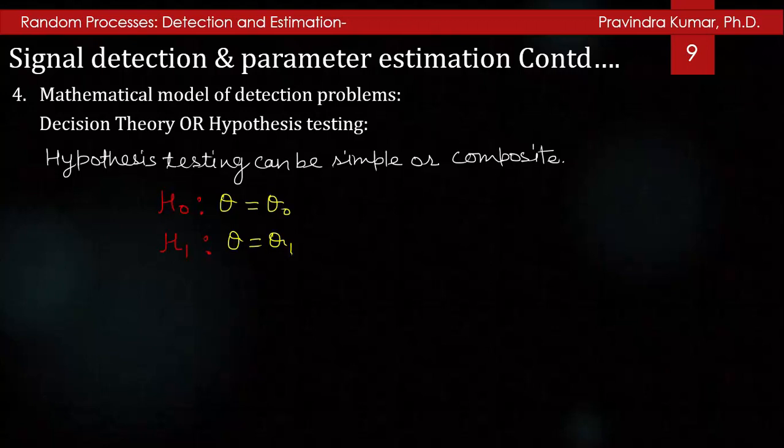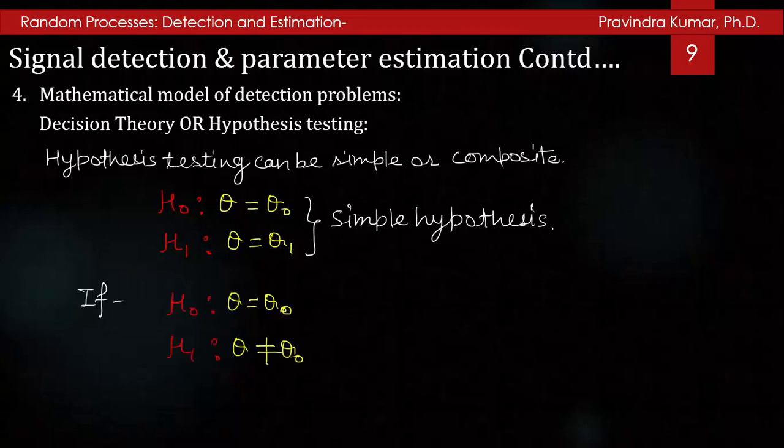In the simple hypothesis testing, H0 corresponds to theta equal to theta naught and H1 corresponds to theta equal to theta 1. So it is a simple type of hypothesis testing. When H0 corresponds to theta equal to theta naught, and H1 corresponds to theta not equal to theta naught, then it is the composite hypothesis testing.